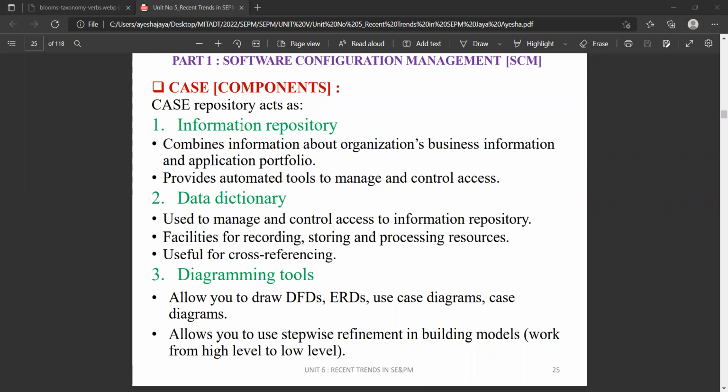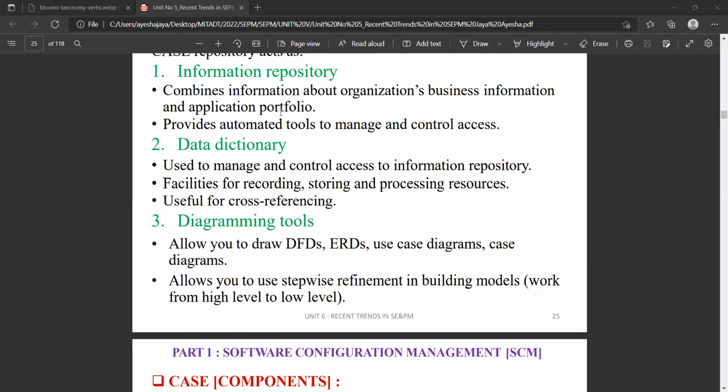The information repository, where you have the business information and the application portfolio. It provides an automated tool to manage and access. Obviously it is not a paper-based system, it is automated. The moment it becomes automated, you need to have an application related to it. For applications, you need tools and techniques to manage and control that. So it goes hand in hand.